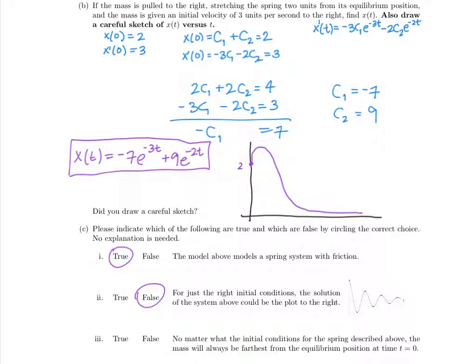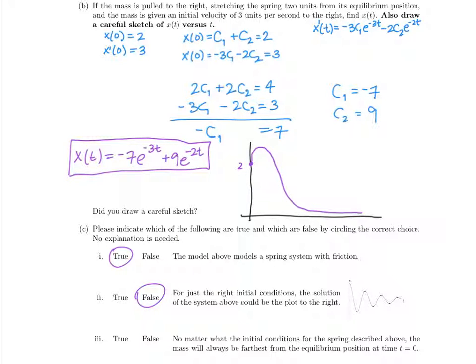The next comment is, no matter what the initial conditions for the spring described above, the mass will always be furthest from the equilibrium position at t equals 0. And we can just look at this picture right here to see that that's false. Note that in our initial condition, we grabbed the mass, stretched it out, and sort of flung it outwards.